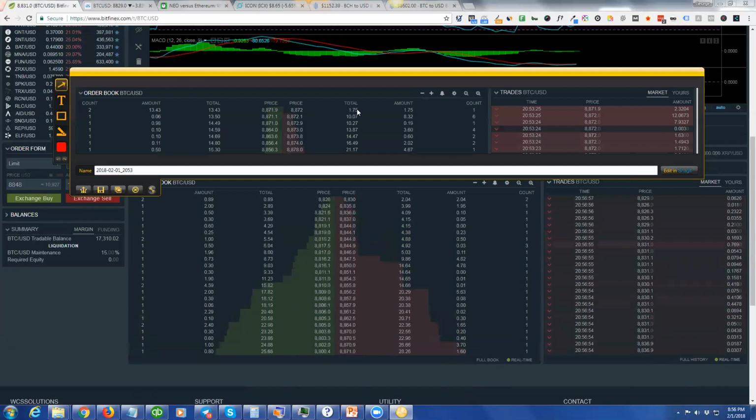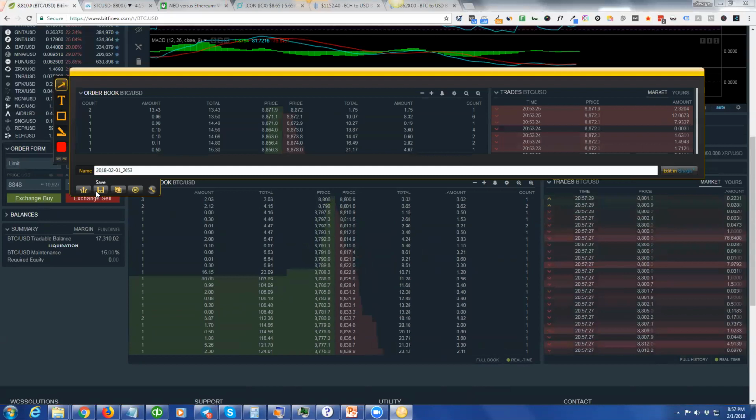On a limit order, the market price wouldn't go up until all of my Bitcoin was filled at 8872. So I'm guaranteed that I can sell it at 8872. But if I do a market sell or a stop, there's no guarantee I'll get 8872. It starts to sell it at whatever price they can get, instead of 8872 or whatever price I want to sell it at. So that would be the difference between the market and the limit.